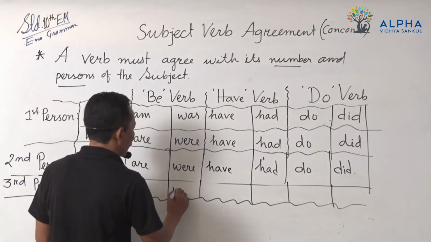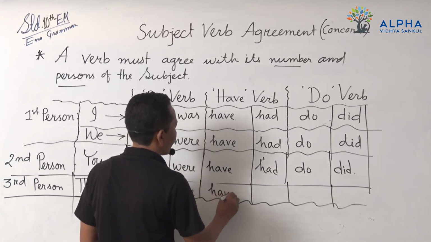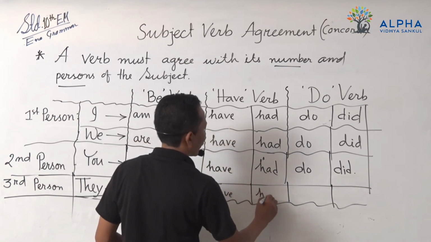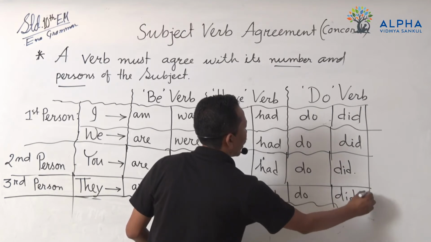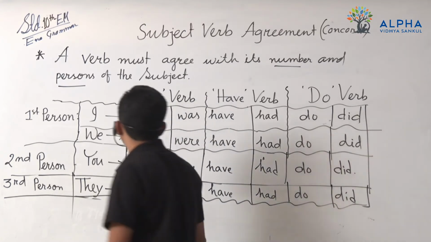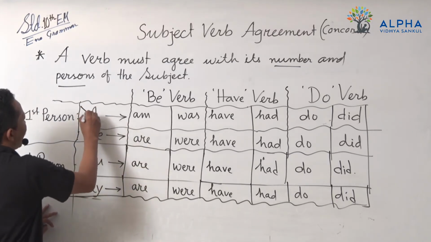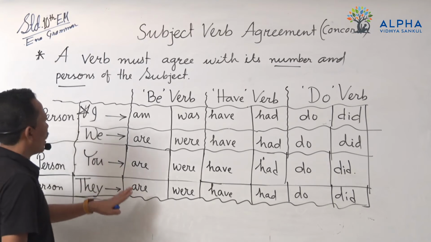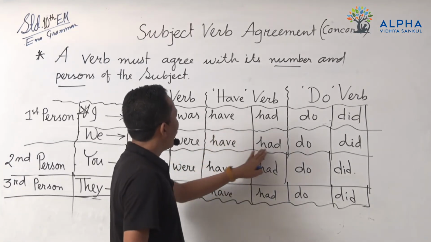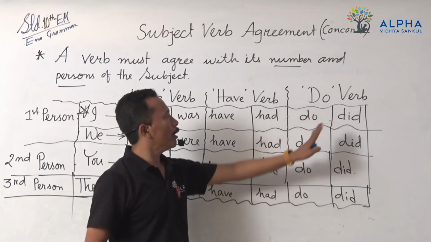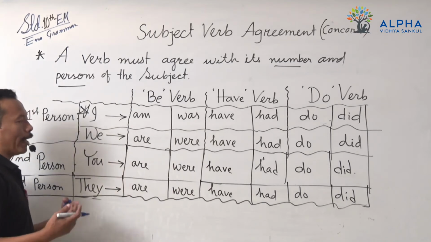For the past, "were." "Have," same, "had." "Do" and "did." Students, you observe all these things. I think only this first person "I" is different. All are "are," "were." You see, "have," "had," "do," "did." All are same. Okay. They are, they were, they have, they had.